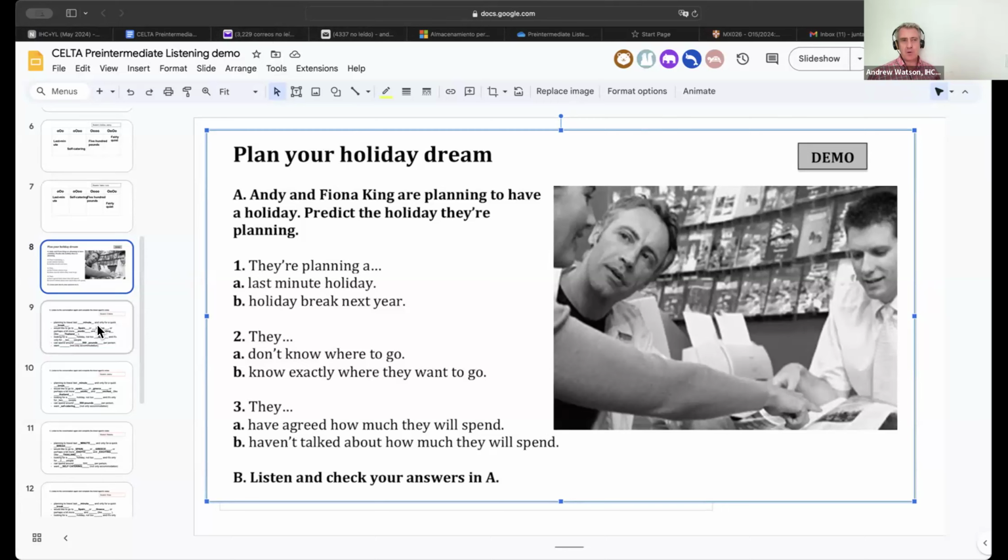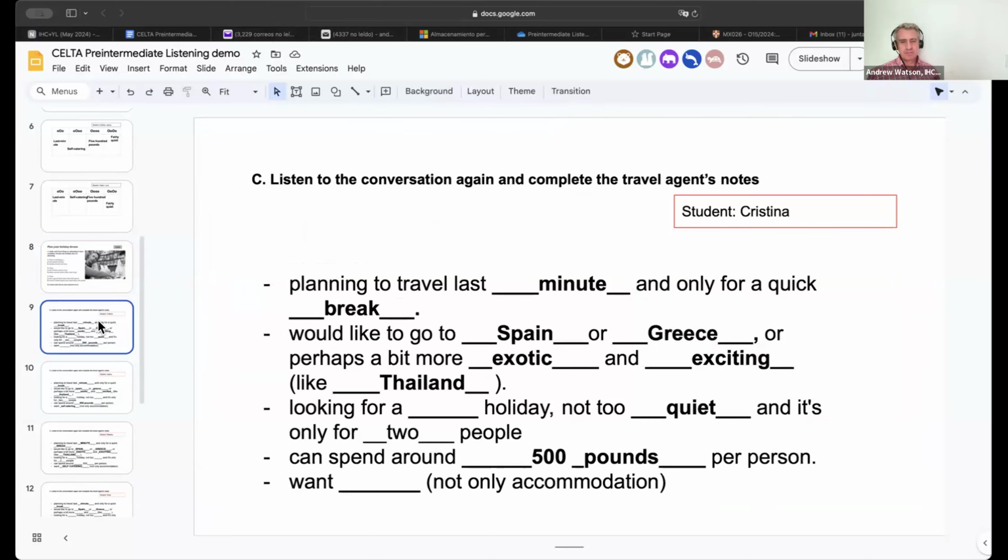And then what is the second then? Is it listening for detail or listening for specific information? I think the second would be listening for specific information, right? Yes, because we're listening for individual words or facts, right? So that you can actually hear in the text.